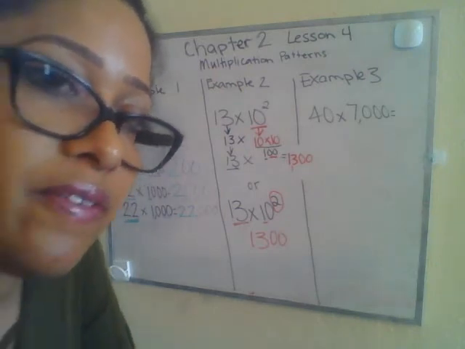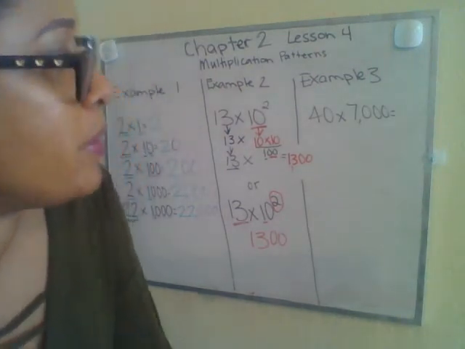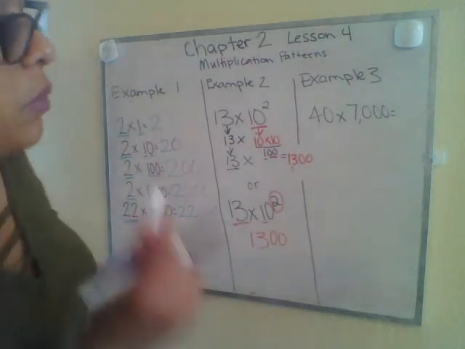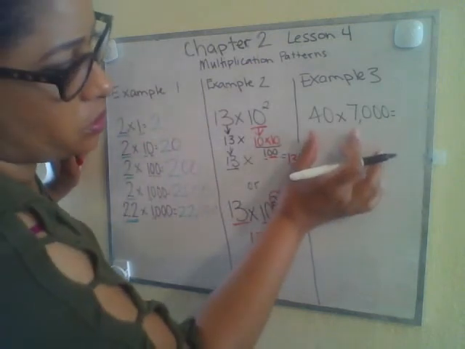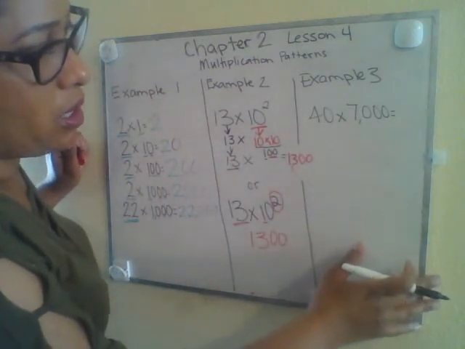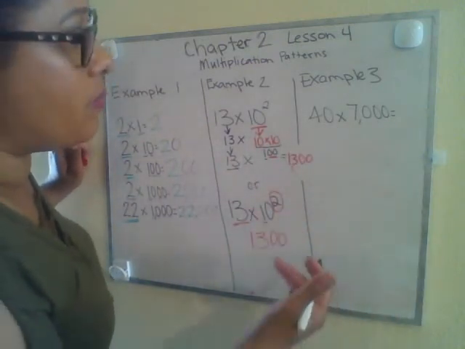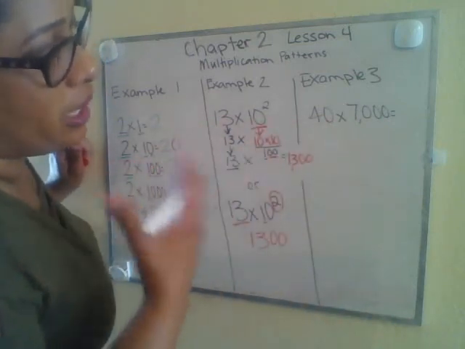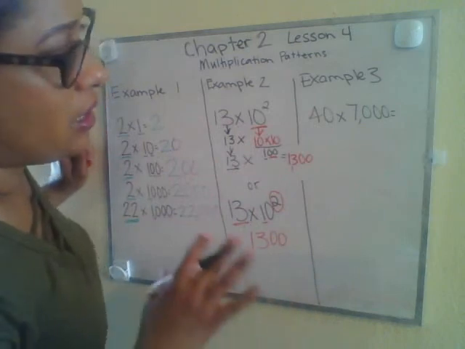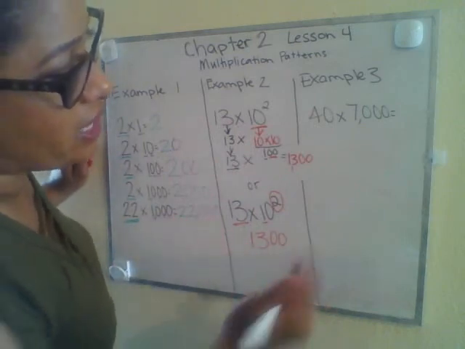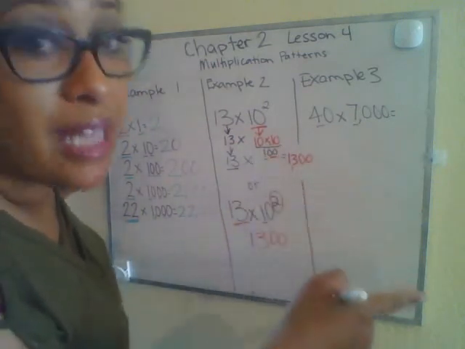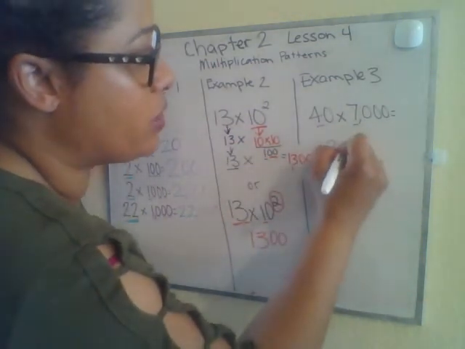Last example that you could possibly have today for your assignment is something like this, where instead of working with 1, they will give you 2 different factors other than 1. So I usually identify my most basic facts, which is in this case 4 and 7. 4 times 7 I know is 28.